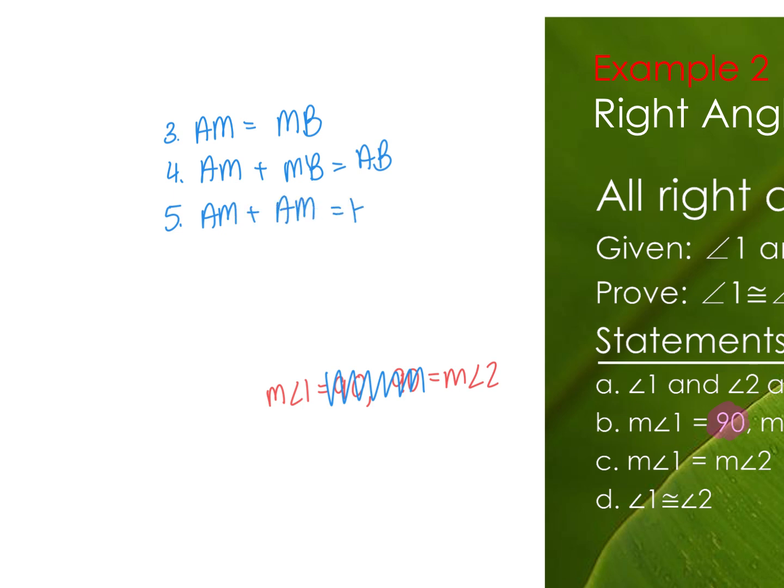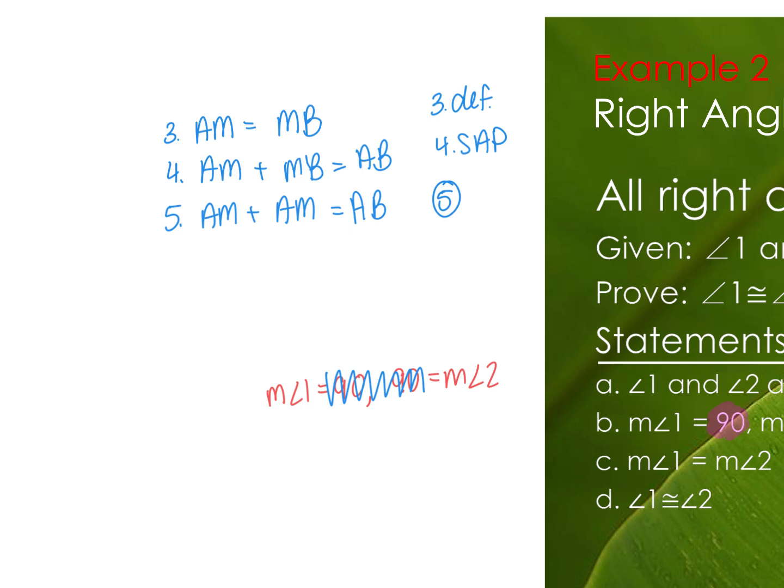Do you remember this one from yesterday? With this one, I can't say that step 5 is transitive. For step 3 we had definition of, I'm going to put def, and for step 4 we had segment addition postulate. But for 5, I can't say transitive.